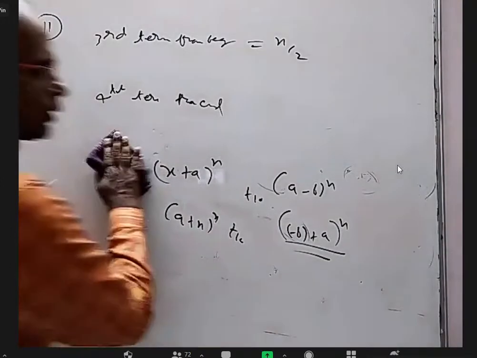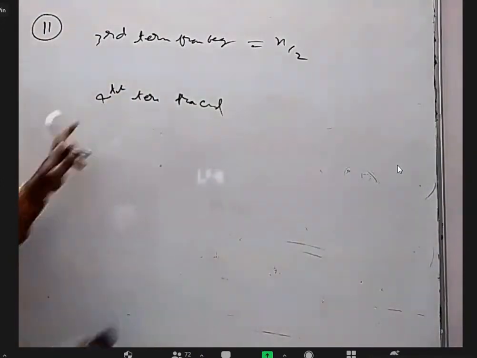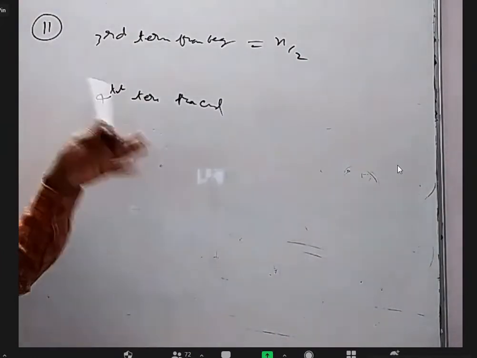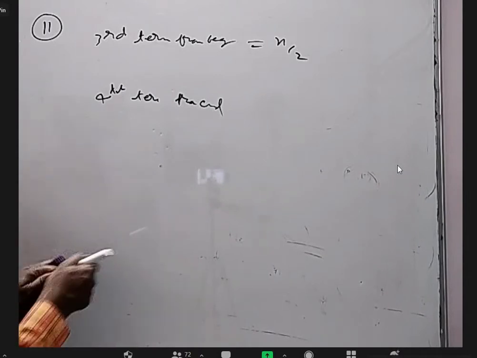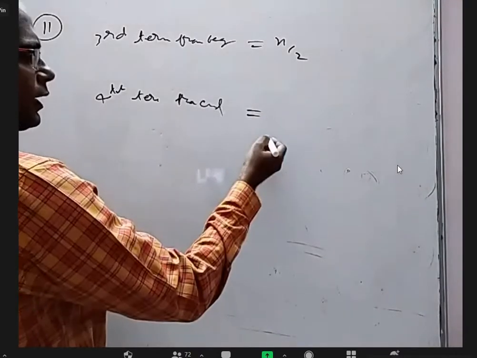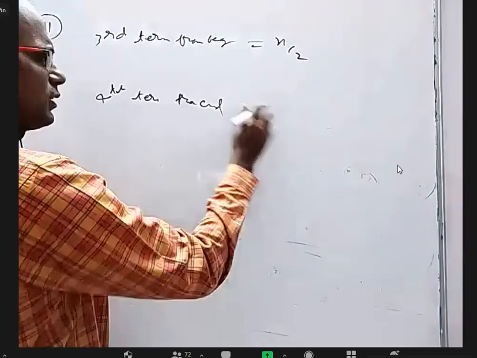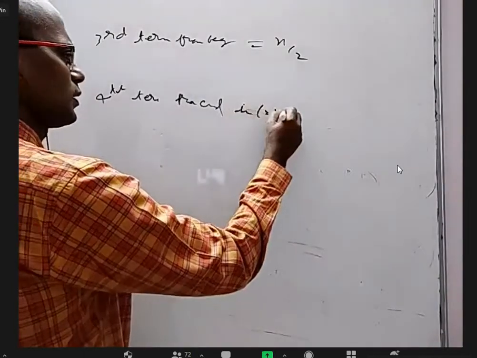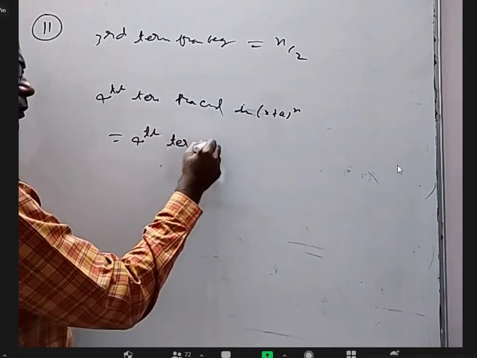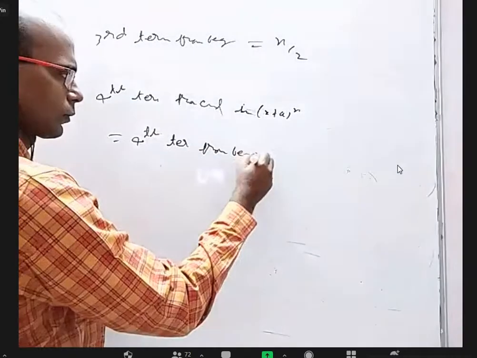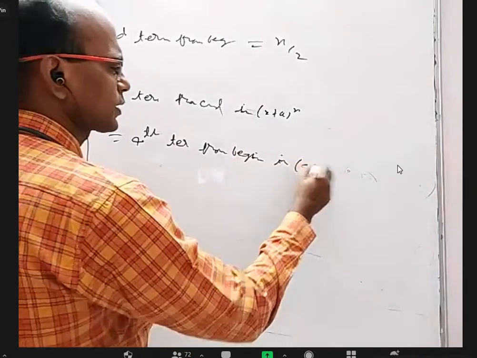But if it is coefficient, fourth term from the beginning or fourth term from the end, both will have nC3, right? So fourth term from the end in (x plus a) whole power n is fourth term from the beginning in (a plus x) whole power n.